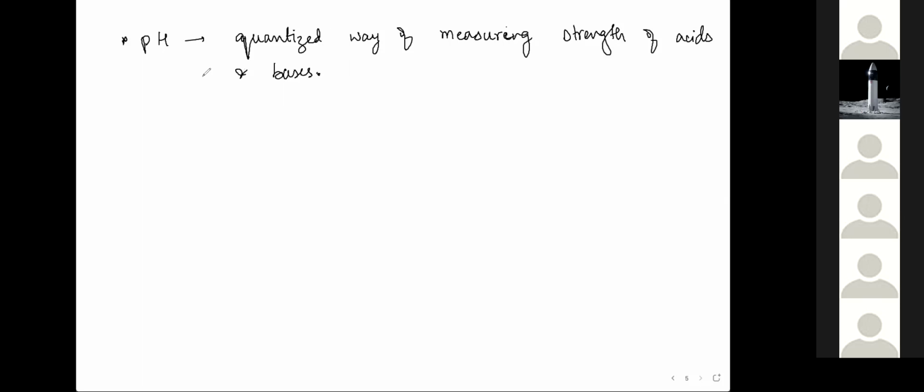Mathematically, pH is equal to the negative logarithm of the concentration of H+ ions. You won't be asked problems based on this because you're not taught what a logarithm is, but for your information, write it down and keep it somewhere so you'll have a better idea.